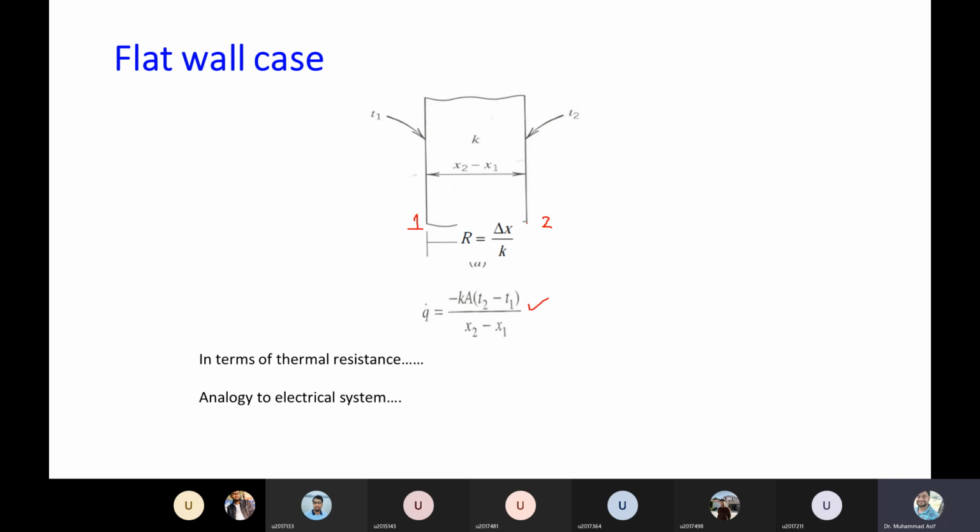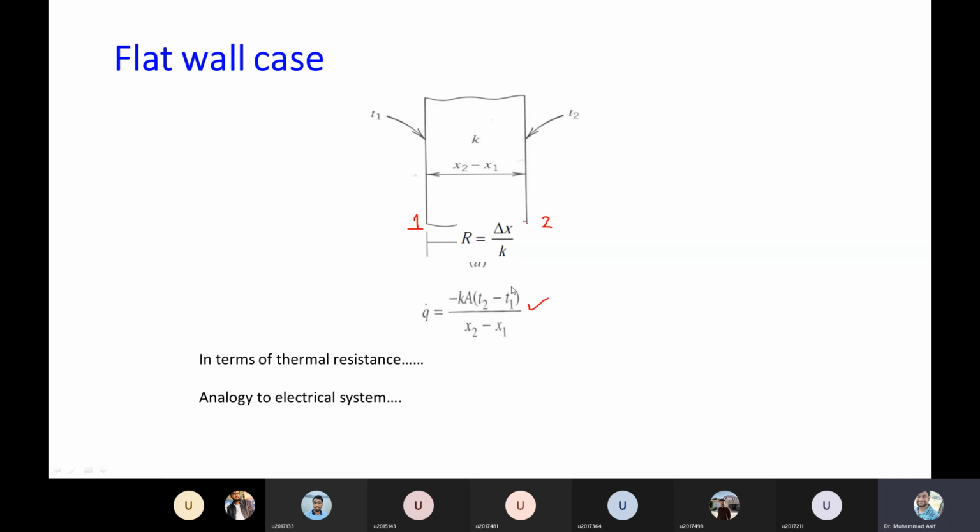Normally, for such resistance phenomena, we represent heat transfer in terms of thermal resistances, because just like in electricity we have a potential gradient, and because of the potential gradient current flows, similarly heat flows because of the temperature gradient.